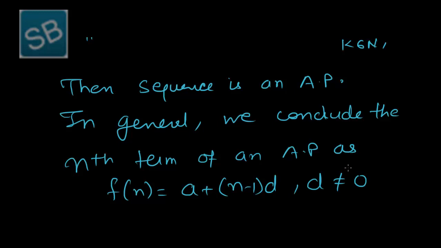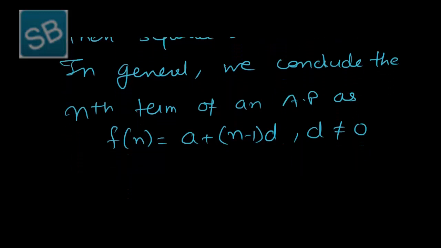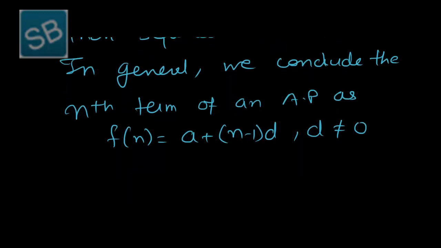We will prove this result by using the principle of mathematical induction, and this we will do in theorem 2. So this is the general term of an AP sequence where A is the first term and D is the difference between two consecutive terms, that is the constant of an AP. Then the nth term of an AP is A plus n minus 1 times D. Now we are going to state and prove theorem 2.